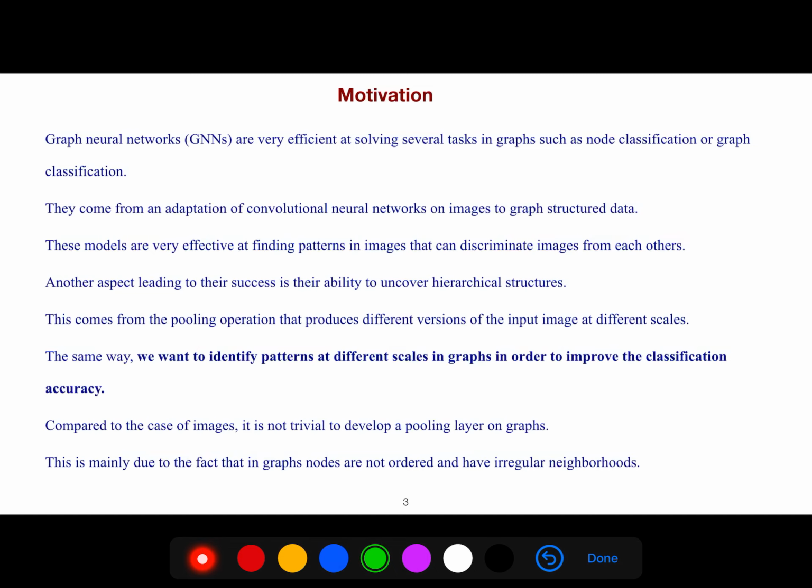So compared to the case of images, it is not trivial to develop a pooling layer on graphs. This is mainly due to the fact that in graphs, nodes are not ordered and have irregular neighborhoods. But when it says not ordered, I can say many papers, such as Geom-GCN, produce some kind of local structure around each node of the graph.